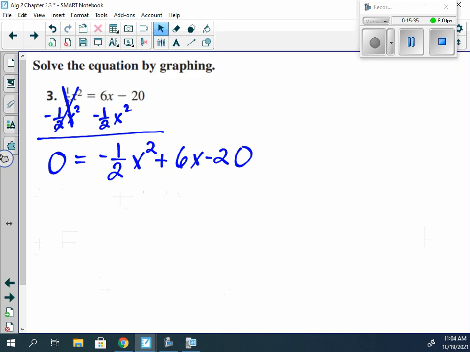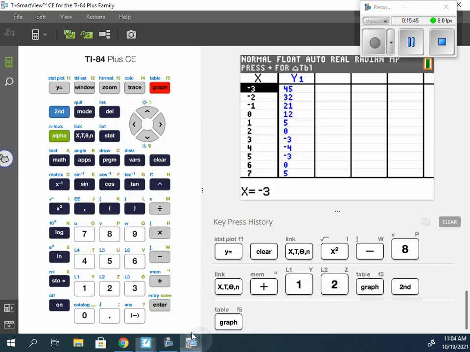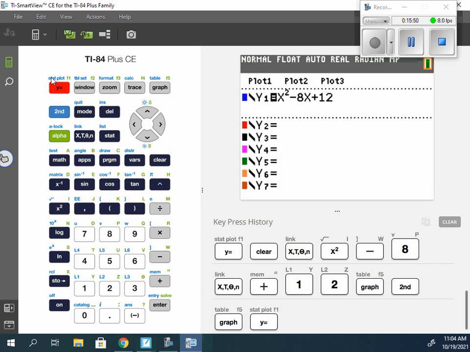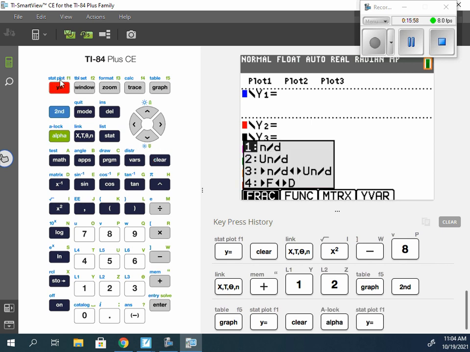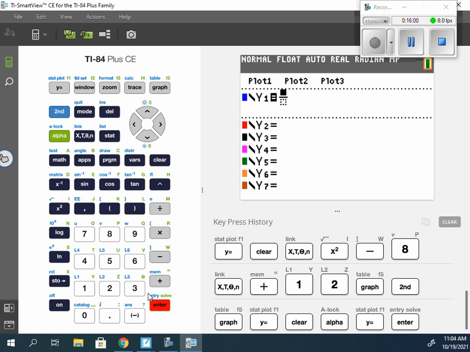And again, we can graph it. We can plug it into the graphing calculator. So if we plug it into the graphing calculator, we'll hit y equals. We can clear this out. Now to plug in a fraction, we can go alpha y equals enter.